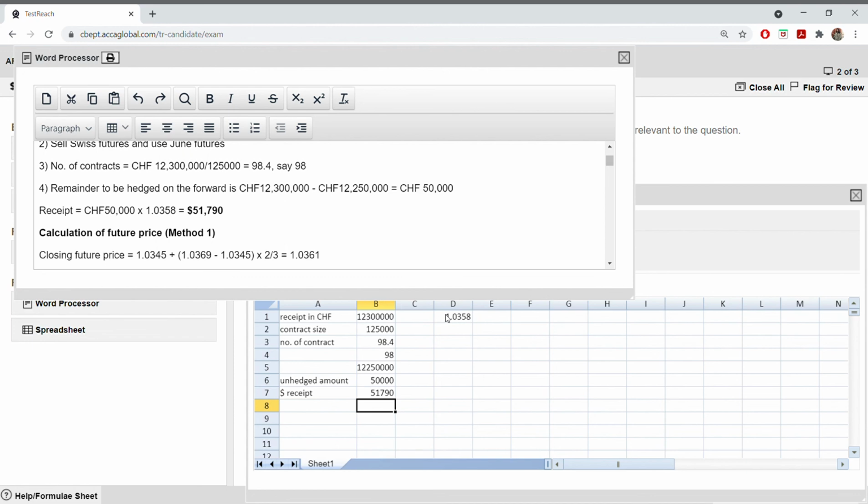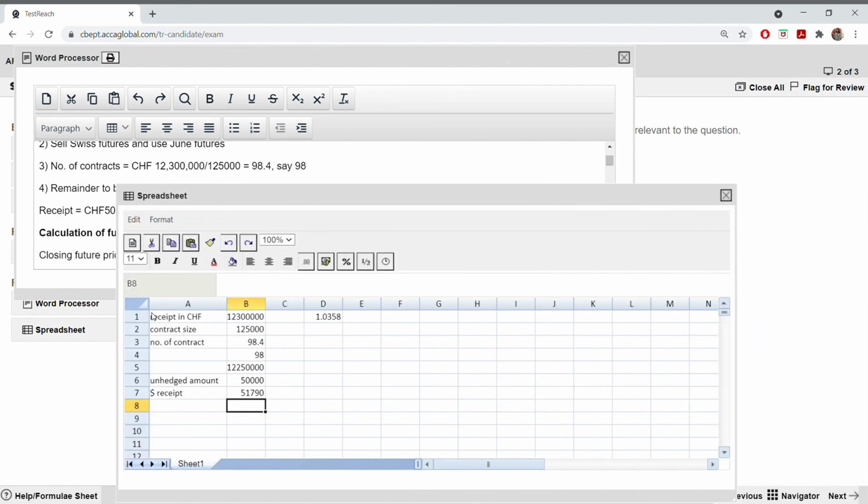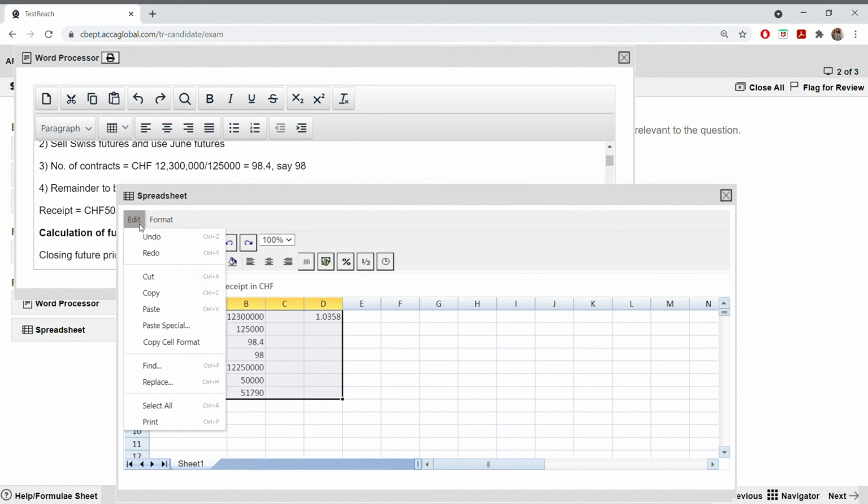Do you see? In this way it is much faster rather than typing, and then you can copy paste. But ultimately you have to write all this, the remainder to be hedged using this number of contracts. What I'm saying is, for calculation you can do it much faster. Okay, let us see whether we can copy paste this or not. If we want to put it in a table, edit.